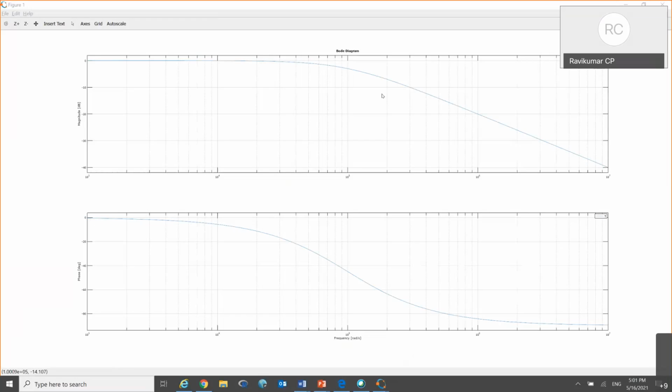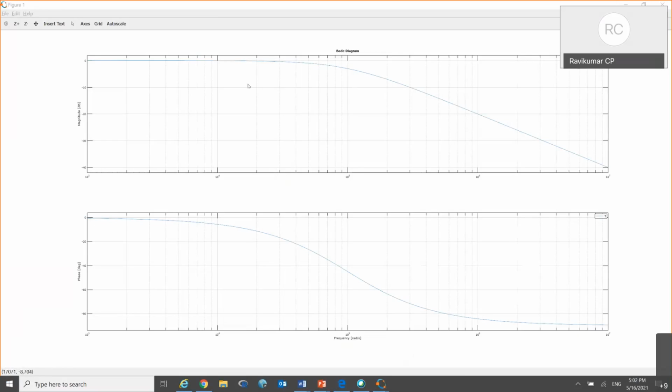So this is a very simple transfer function. It is a low pass filter. So all the low frequencies are passed, and the 3 dB frequency is somewhere here. You can see that it will show the values here.